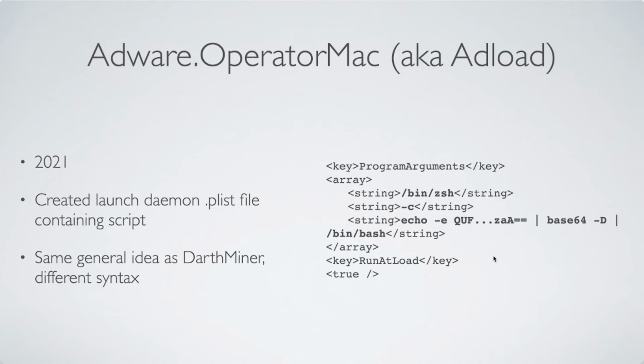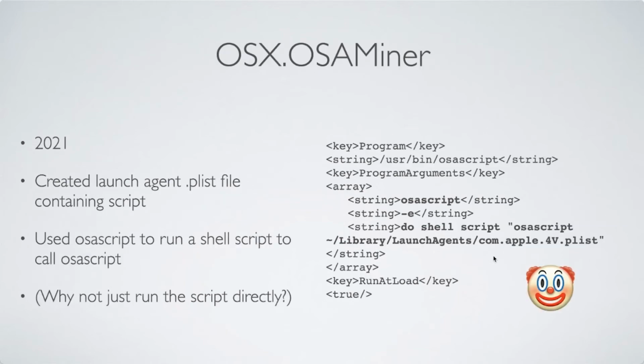So here's another one, OSA Miner. This was also in 2021. It created a launch agent plist file that contained this script here. So it runs OSA script to run an Apple script, to run a shell script, to run an Apple script, which just, why?